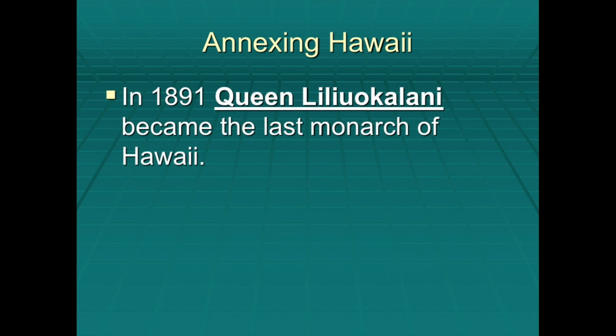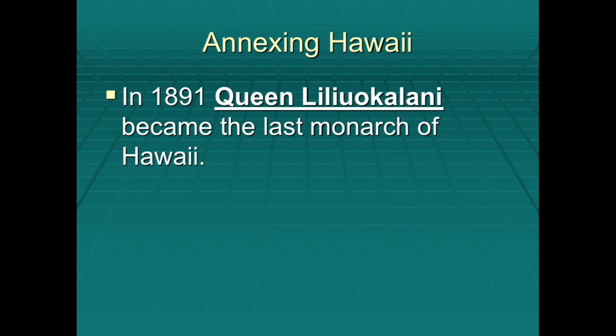There was a provisional government before this. So in 1891, Queen Liliuokalani was the last monarch of Hawaii. She inherited the throne from her brother, King David Kalakaua, who was returning from a sailing voyage across the world, in a sense, and he died.